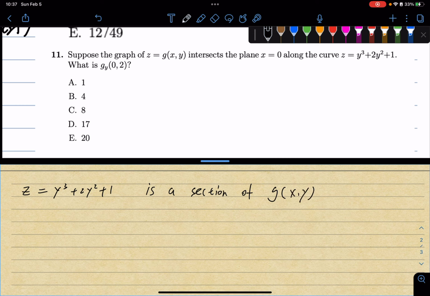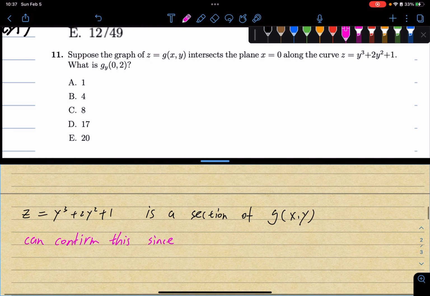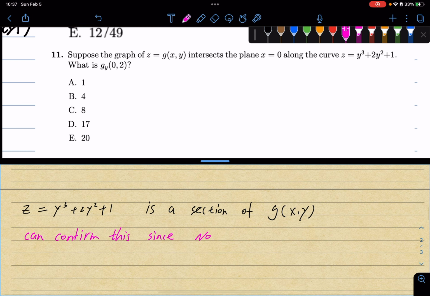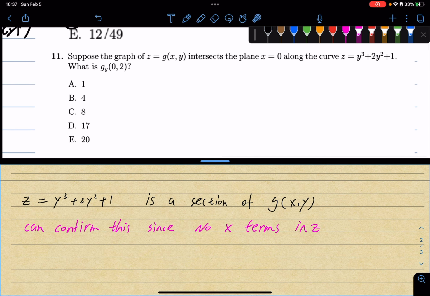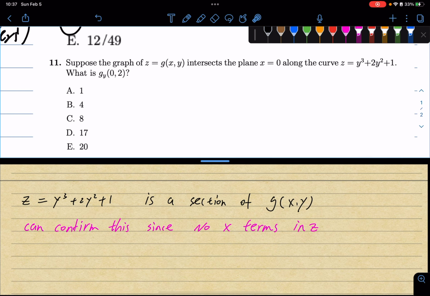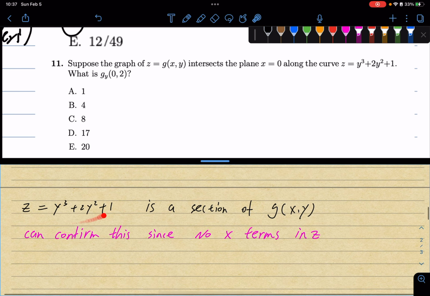Okay? We can confirm this since there are no x terms in z, because it's intersecting the plane at x equals 0. Of course, x will be missing. x equals 0, and then there's no x term here.